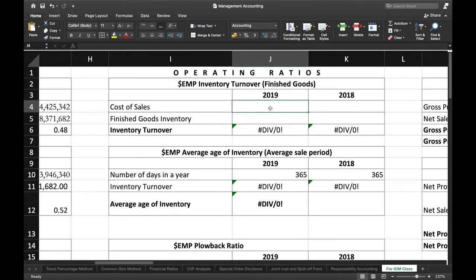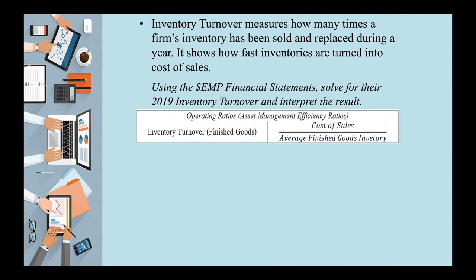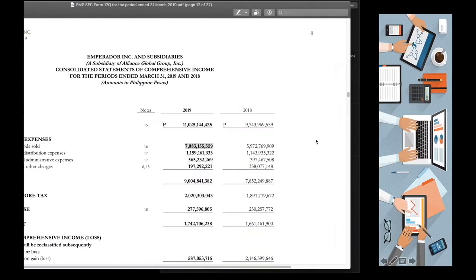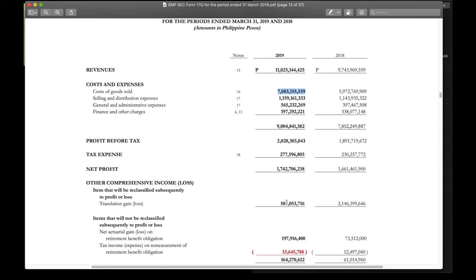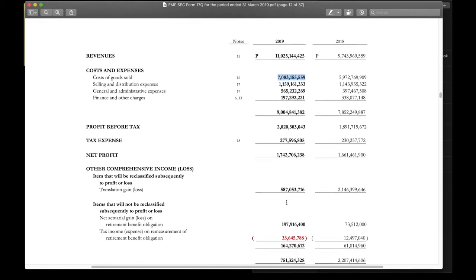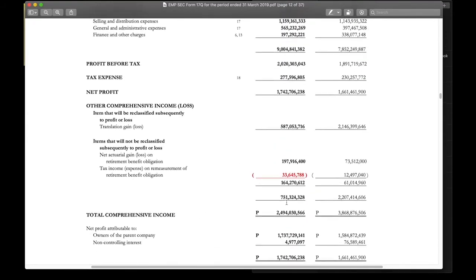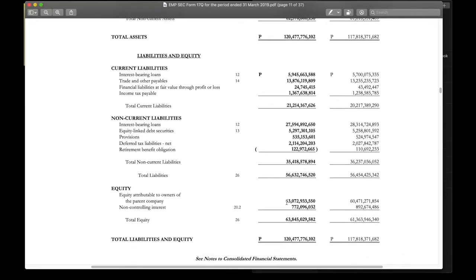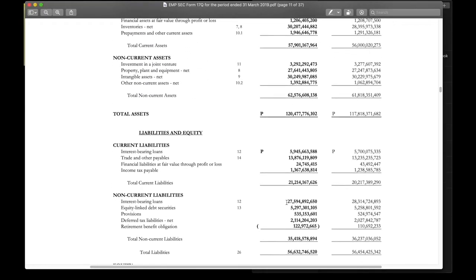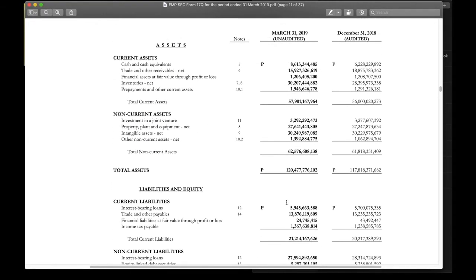So, cost of sales and the average finished goods inventory, based on our formula. So, for the finished goods inventory, let's check what financial statement natin siya pwedeng makita. Here, we have the non-current assets.